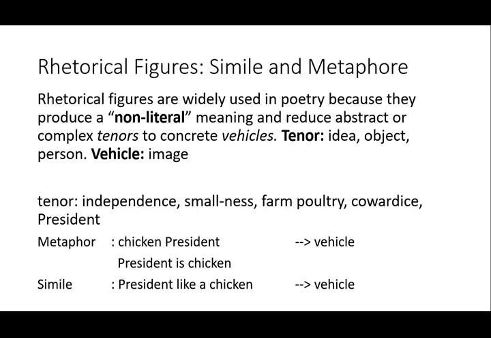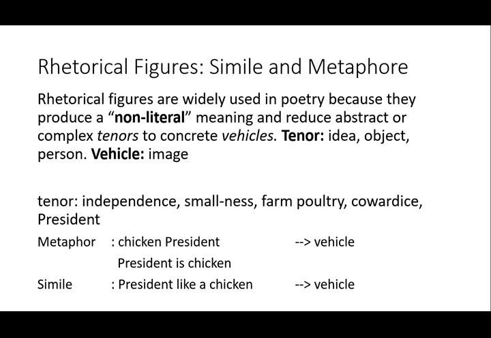But when you use the metaphor that the president is a chicken, it's much more powerful, much closer, and the two become one. So the president is chicken. It's like that feathery, small thing. So it suddenly refers to all aspects of it.